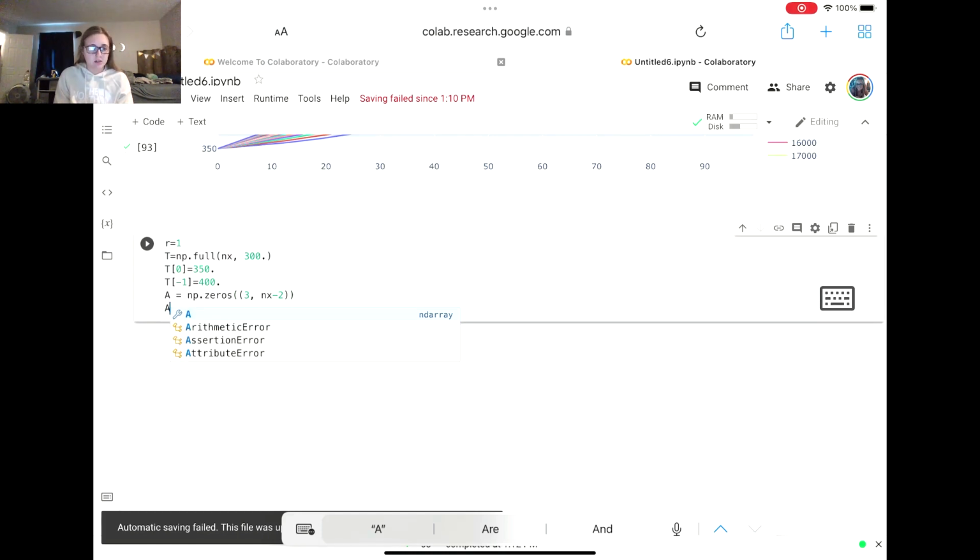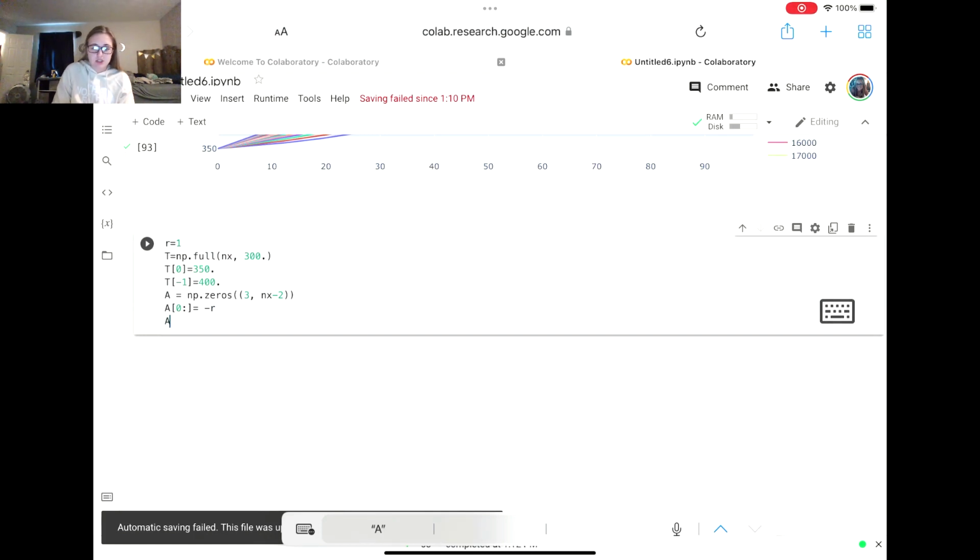From here, let's say what our diagonals are. So our first diagonal is going to be that -r. It's going to go from 0 all the way through to the end, and we said that that's -r, not range. For A to the next position is going to be 1. We need commas up here.